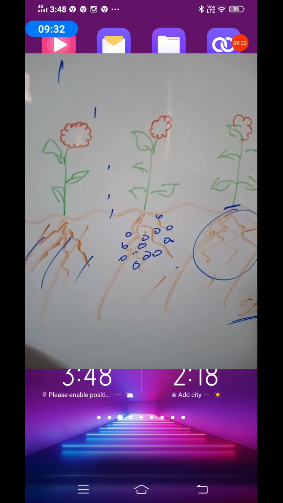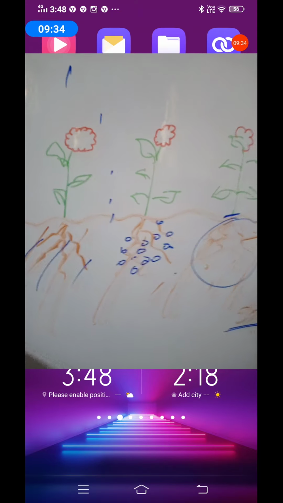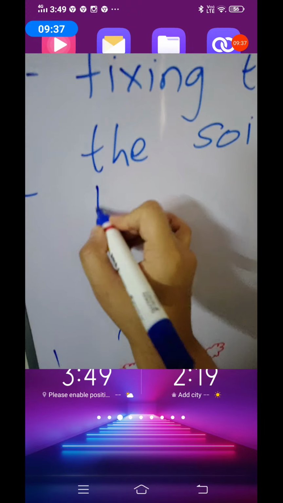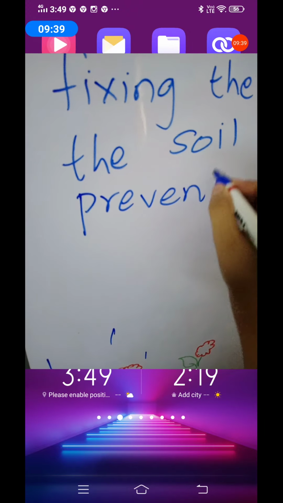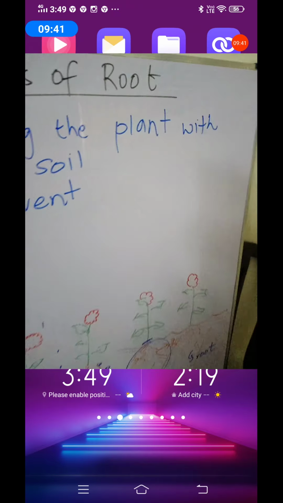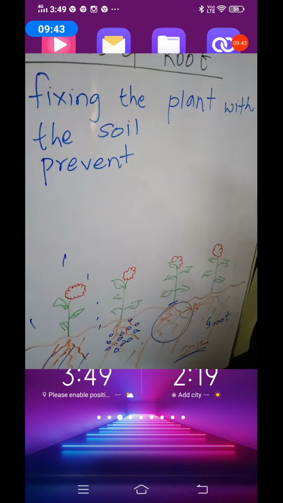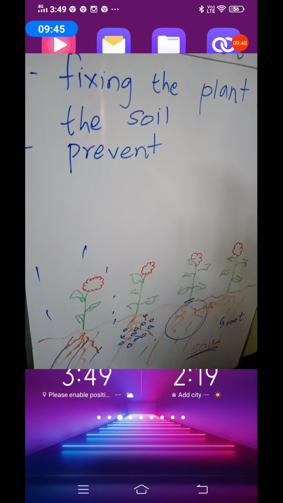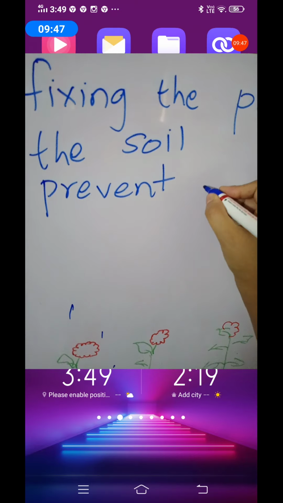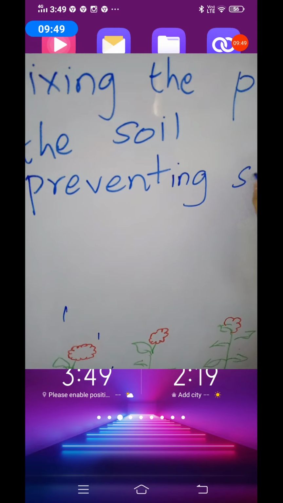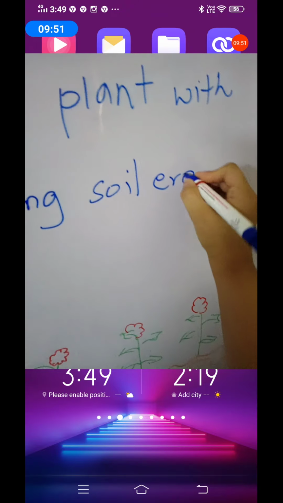Okay, so what is it doing? It is preventing the soil from flowing, and scientifically that term is called preventing soil erosion.